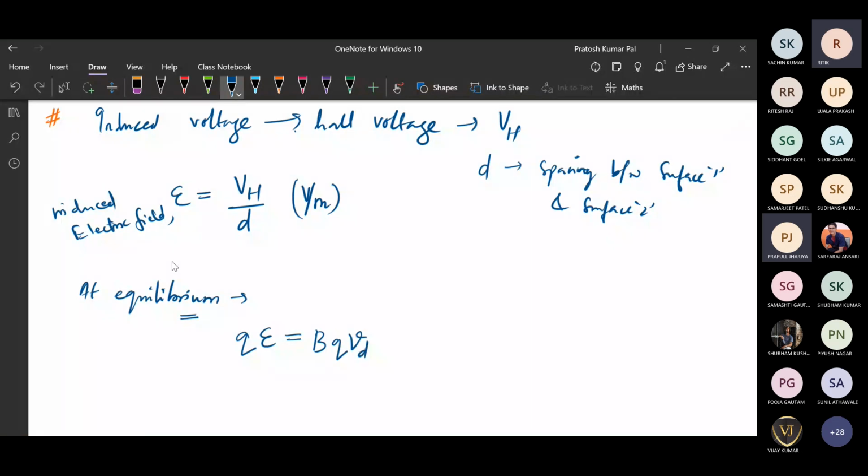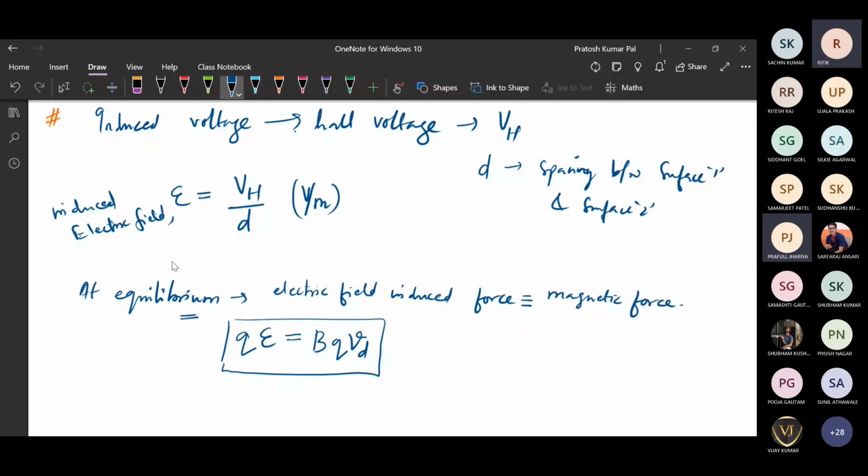So this is the condition: at equilibrium, the electric field induced force is equal to the magnetic force. That will be concerned in the Hall effect.